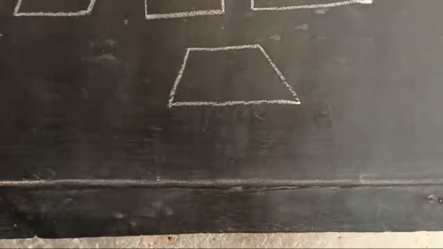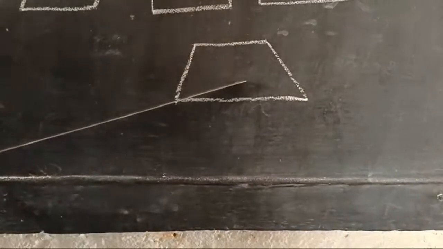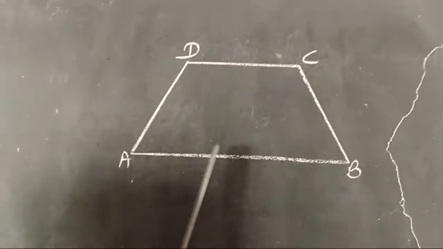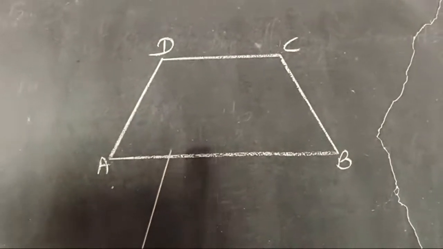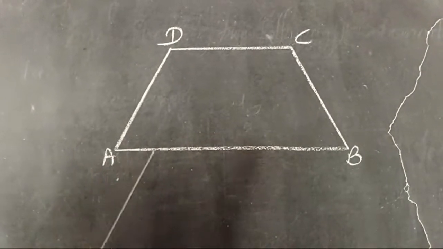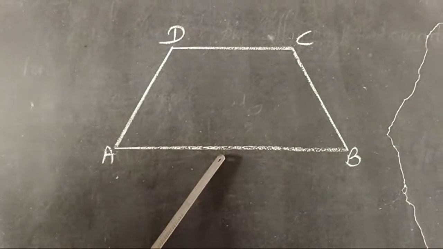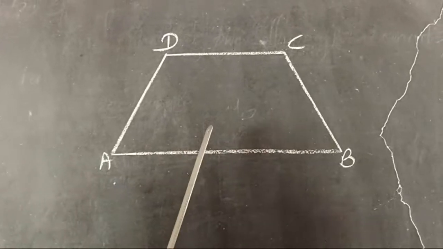That figure we draw here. Then what property do we get? Opposite sides are parallel. Both pairs? No, only one pair. Which pair is parallel?